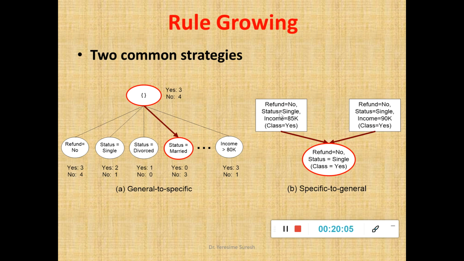So the first two attributes are matching, but the third attribute condition, income is 85k here, is 90k there. If I combine these two, the common thing is class label is yes, refund is no, status is single. I can simplify the rule wherein income can be excluded, and directly I can write the class label as yes. This is called specific to general.